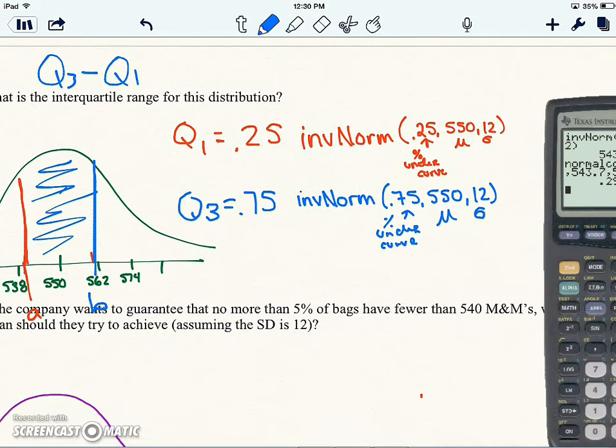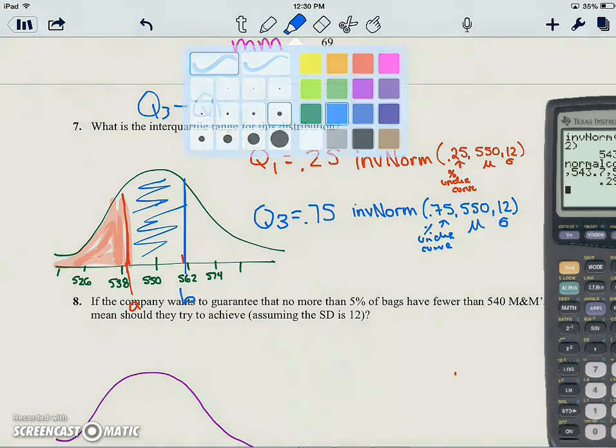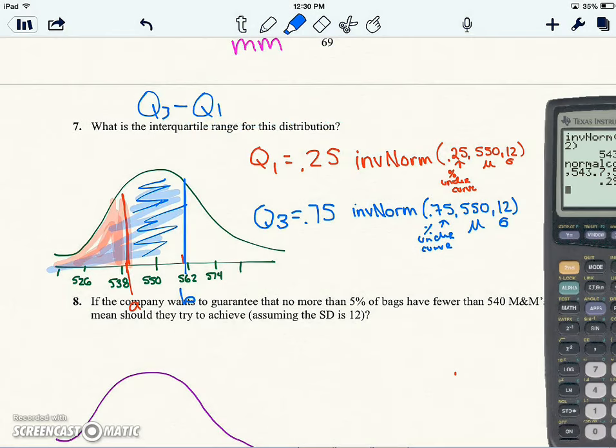So we are just going to put those directly into the calculator just like we did before. For this red one, this will give us the red. Will give us this percentage. Okay. And the blue will give us this percentage. And then if we subtracted the two, we should get the middle.